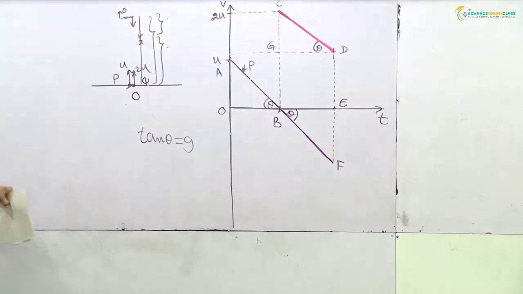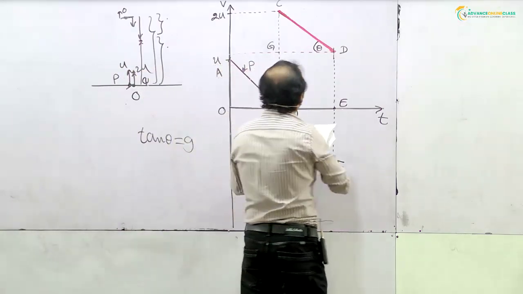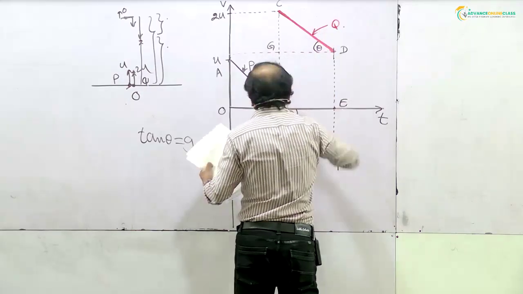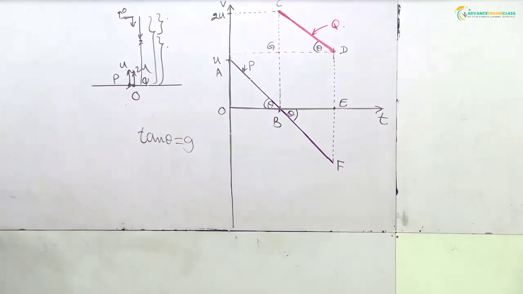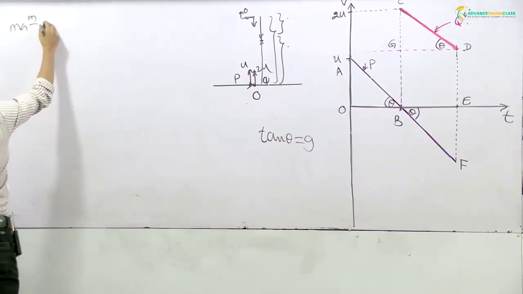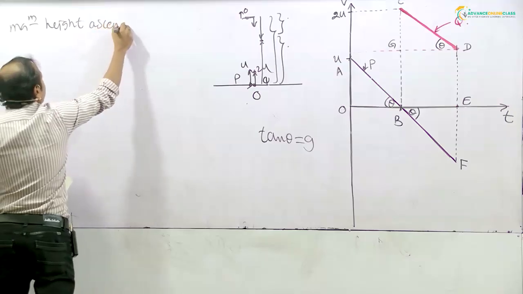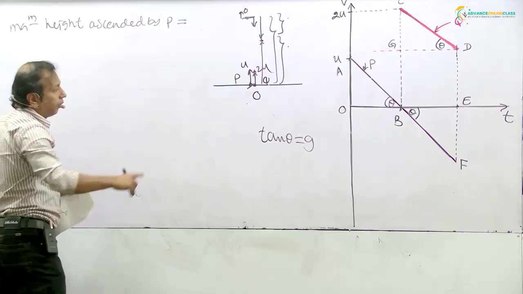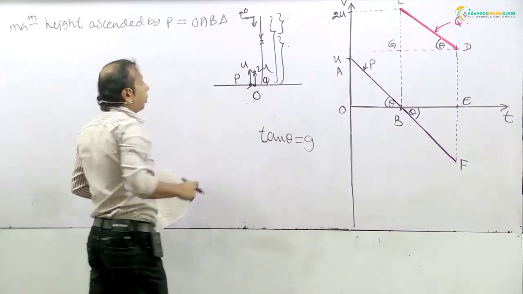This is Q now. Maximum height ascended by P equals what? OAB area. OAB area, correct?